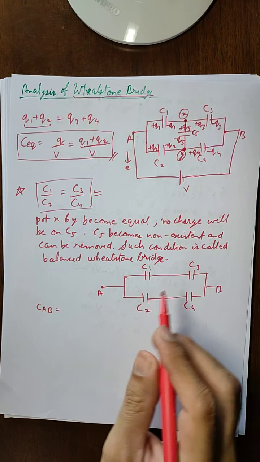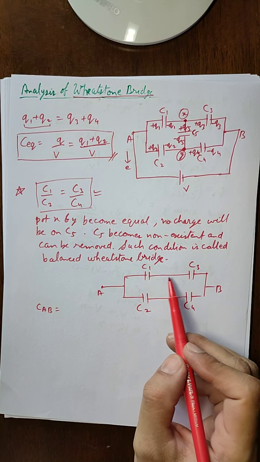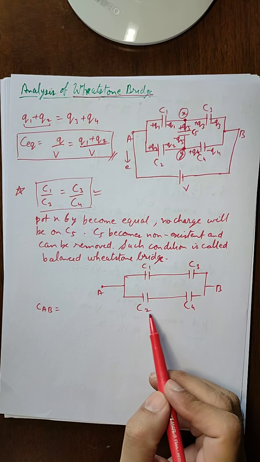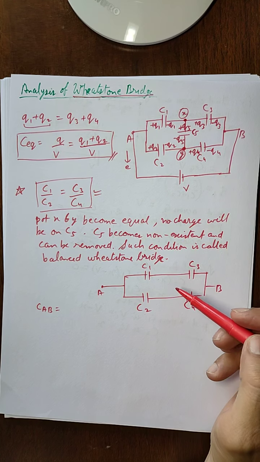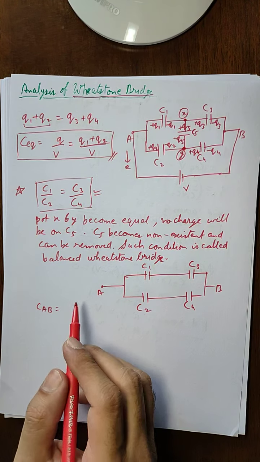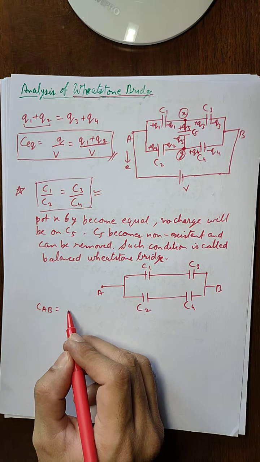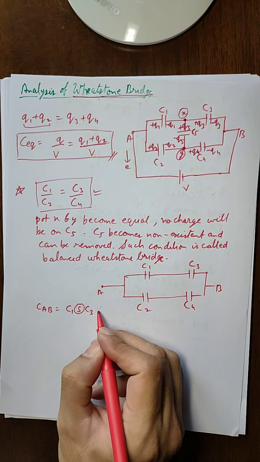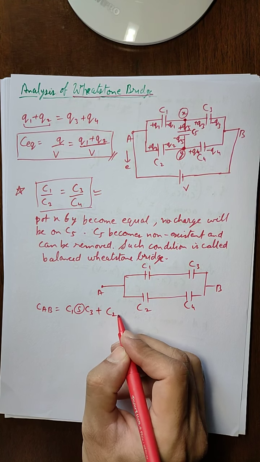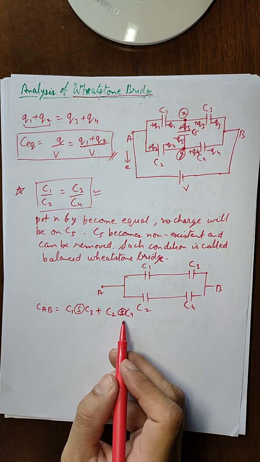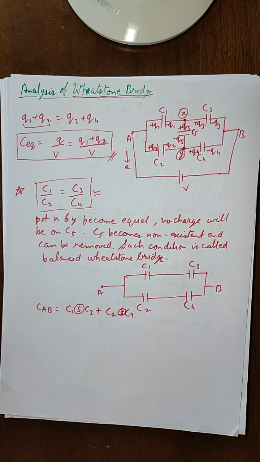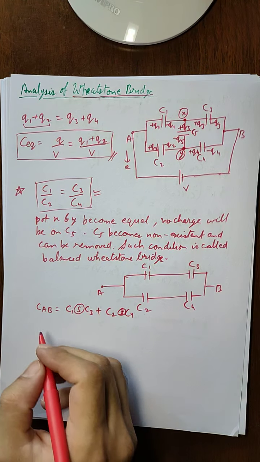In CAB, now if we look at the circuit, C1 and C3 are in series and C2 and C4 are in series, and together both of these branches are in parallel. So we can write that the total equivalent capacitance is the series combination of C1 and C3 plus C2 and C4 also in series combination, and both of them will be added because in parallel combination we simply add the capacitance.